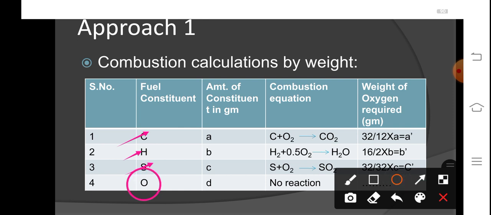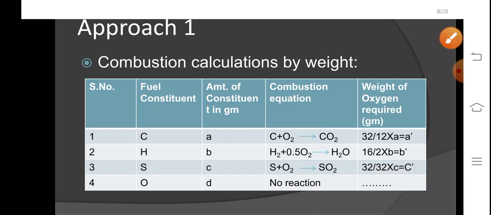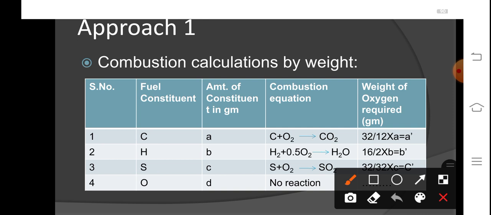Because oxygen supports the burning and this oxygen is already present in the fuel, so it is not required anywhere for the combustion. This is the D grams of oxygen which is already present. We need to subtract this amount from the weight of oxygen required. So let us first talk about the combustion equations.